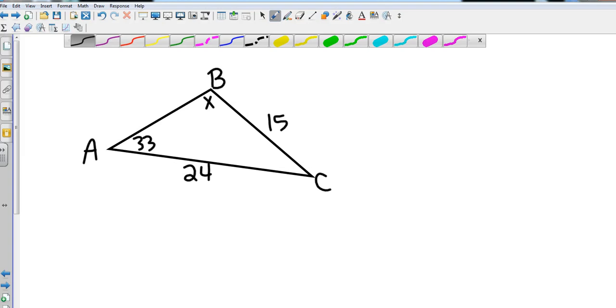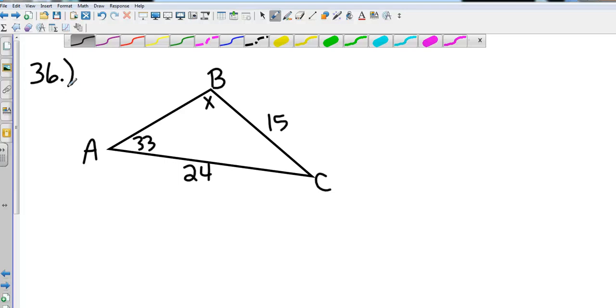Okay, so this is going to be number 36. On 36 to 38, we're going to be using the law of sines and cosines. Okay, the way to tell the difference, if you were given a triangle that has two sides and an included angle, which means maybe they gave us AC and AB, and angle A was in between them, that's the included angle, we would use law of cosines.